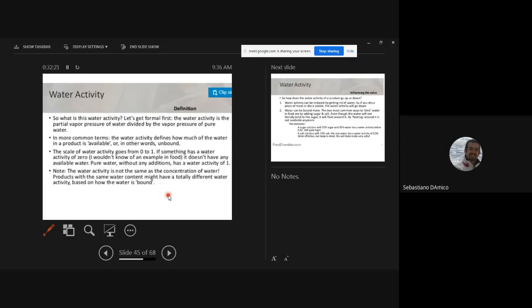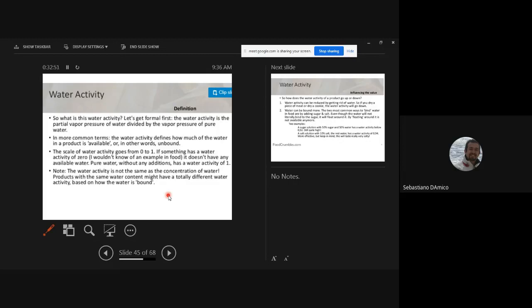So the water activity is the partial vapor pressure of water divided by the vapor pressure of pure water. In more common terms, the water activity defines how much of the water in a product is available to be used and to make the process start. Okay, the scale of water activity goes from 0 to 1, so it's a kind of normalized scale.